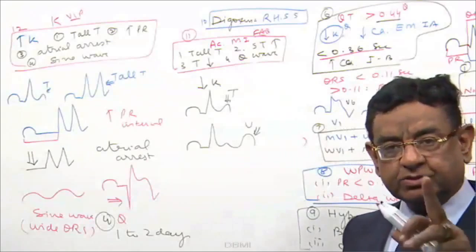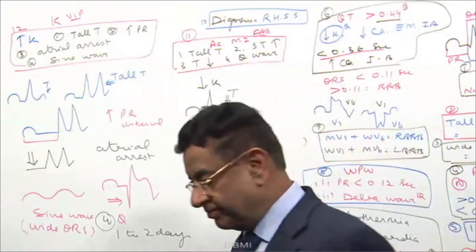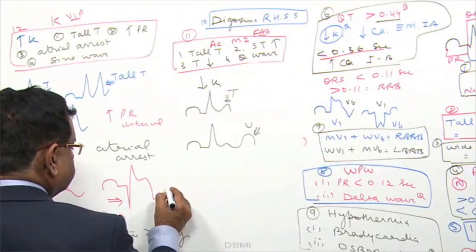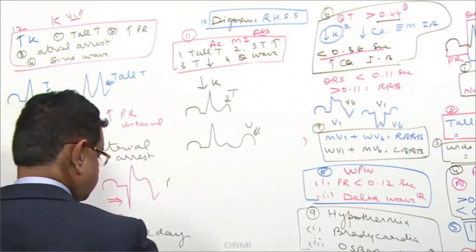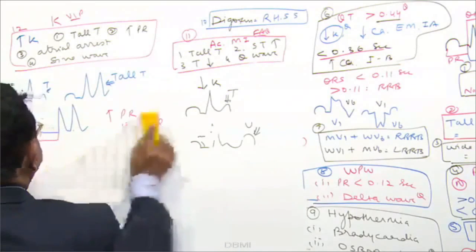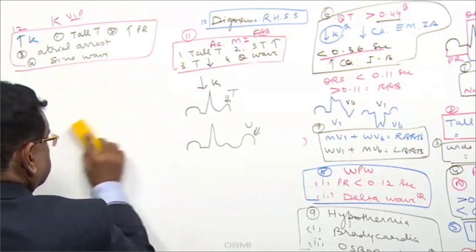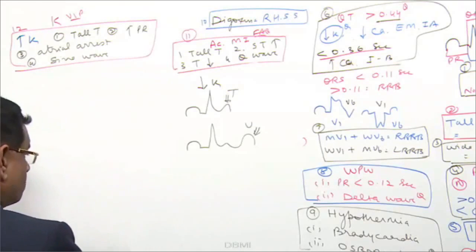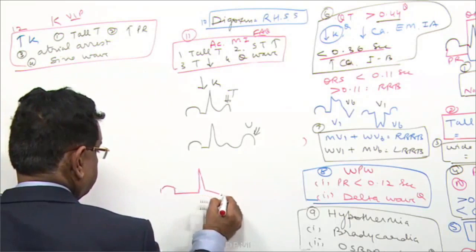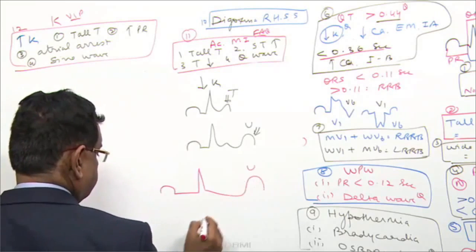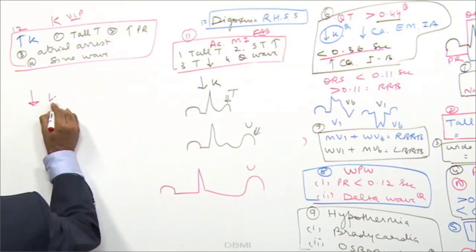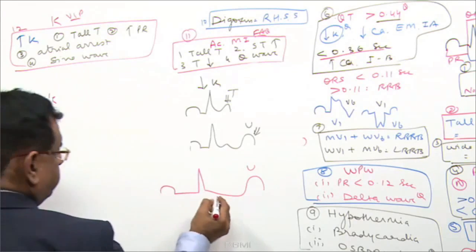Okay. Now just hold your pen for a minute. First you see, then you draw it. In the advanced stage of hypokalemia, first of all, T disappears.